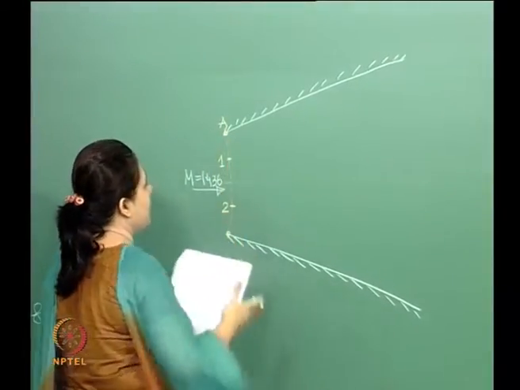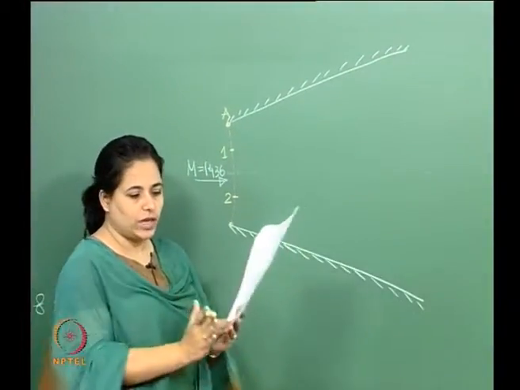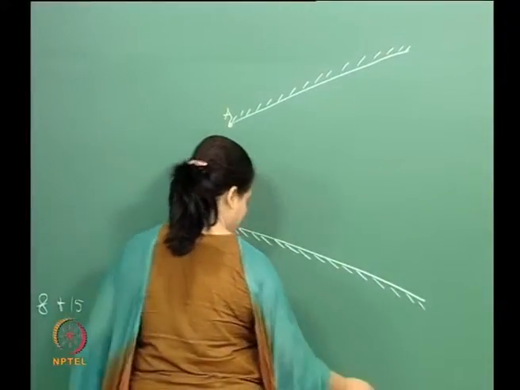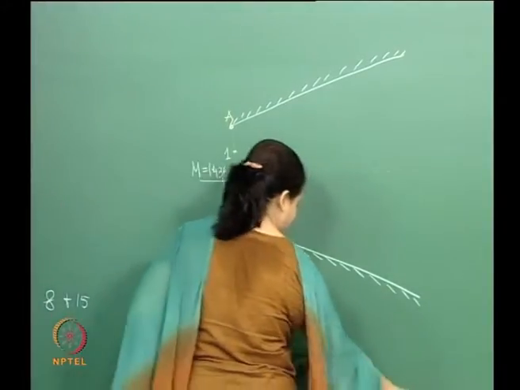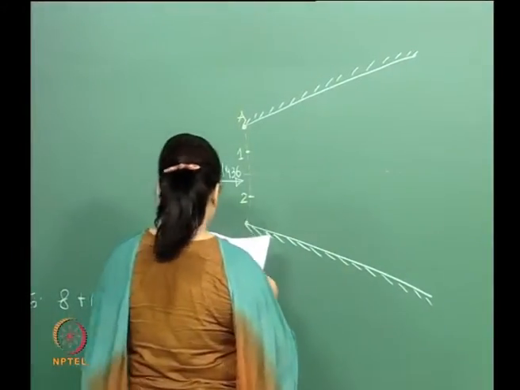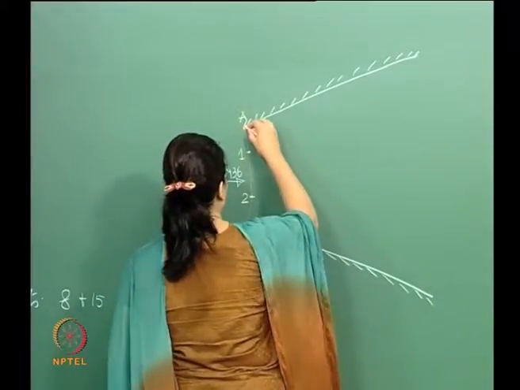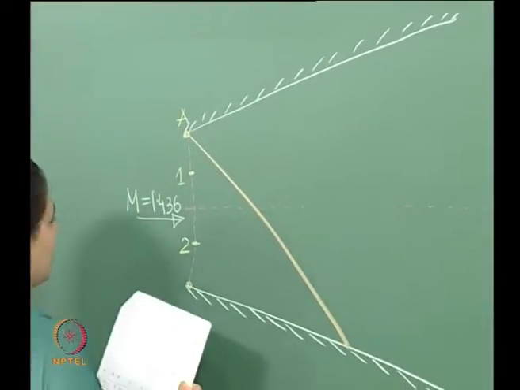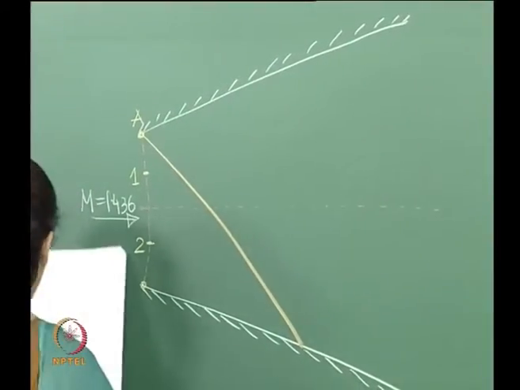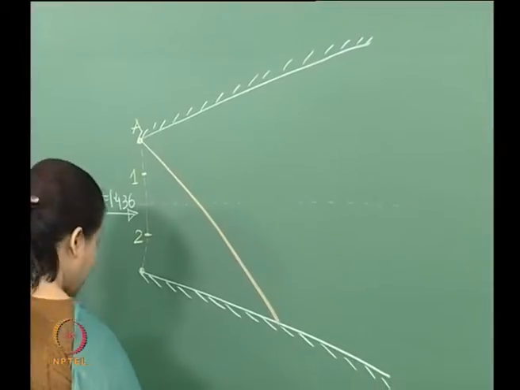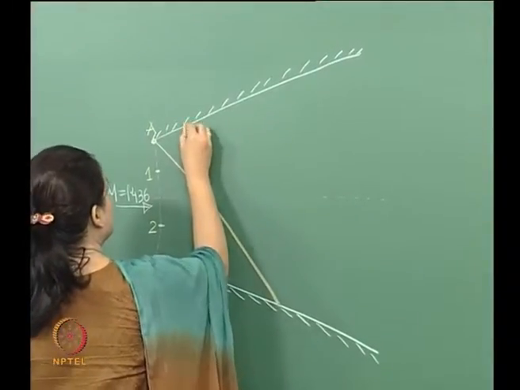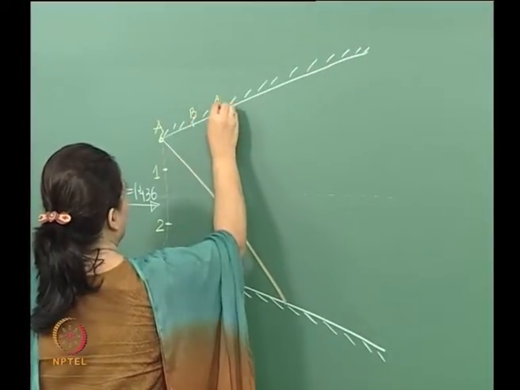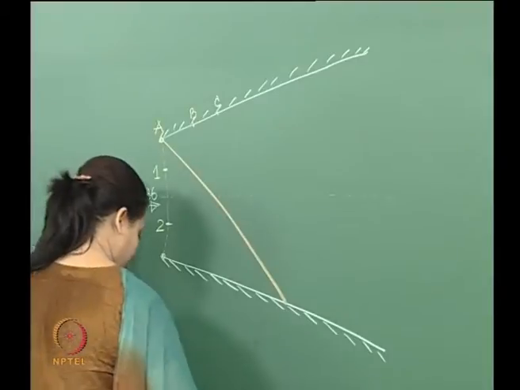At each point we will have the flow going in directions like this. Let us take intervals like this, B and C, some length on that.